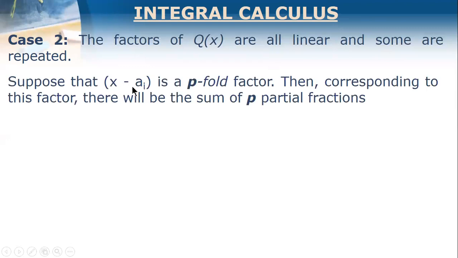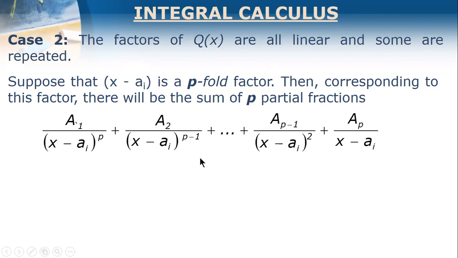So suppose that x minus a sub i is a p-fold factor. It's being repeated p number of times. Then corresponding to this factor, there will be the sum of p partial fractions. So if this term is repeated, then your solution is this one.